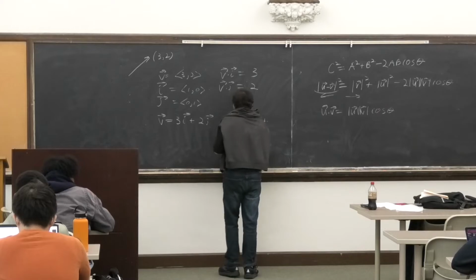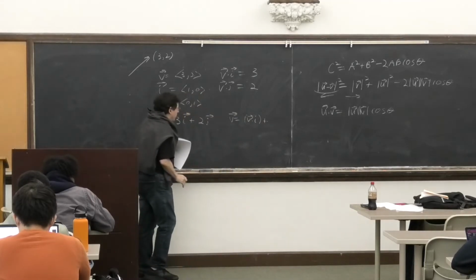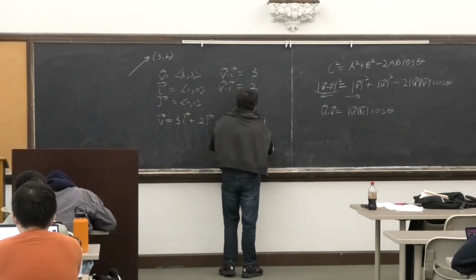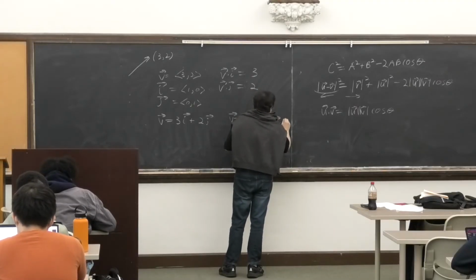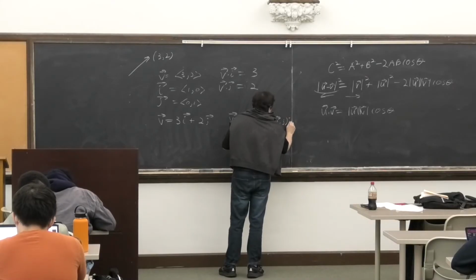I'm sorry. It is v dot i times i plus v dot j times j.